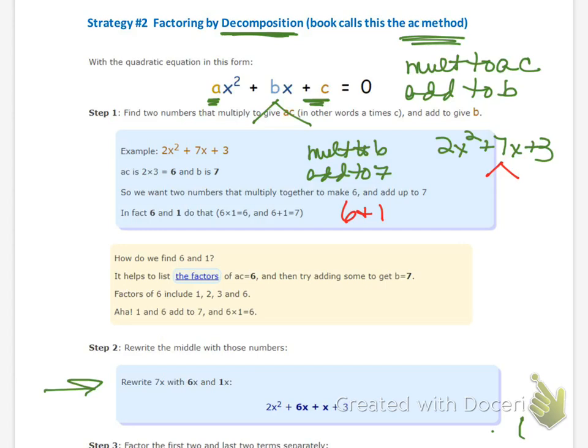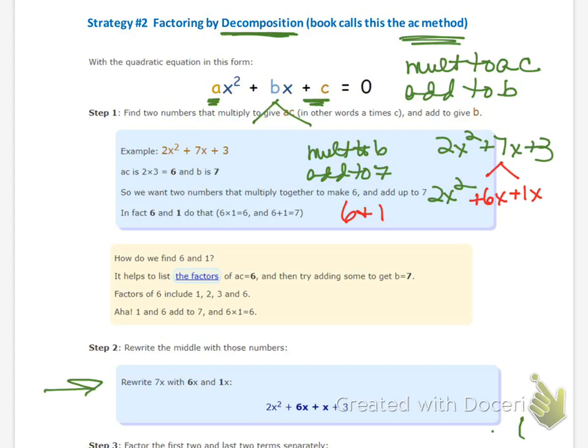So we're now going to break up our 3 terms into 4 terms, which, believe it or not, is easier to factor. So I have 2x squared. Now break up the 7x into positive 6x and positive 1x.